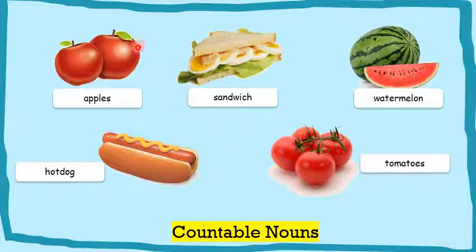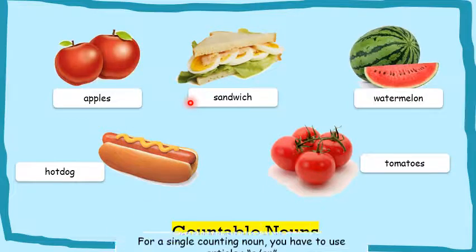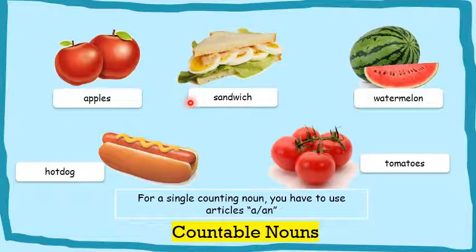We have apples. Okay, let's count the apples together. 1, 2. We have 2 apples. How about the sandwich? We have 2 sandwiches. So, how do you put it in a sentence? For a single countable noun, you have to use articles. Do you remember what articles are?